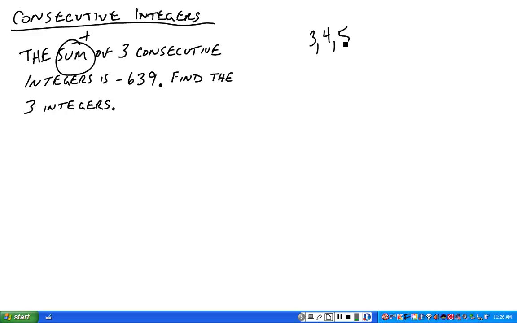Now we need to understand the relationship between these 3 consecutive integers. Knowing the first number to be 3, how will we get from the first number to the second number, from the 3 to the 4? You add 1 to the first number. So adding 1 to the 3 gives me 4, my second number in the series. Then, how do you get to the third number, which is a 5?